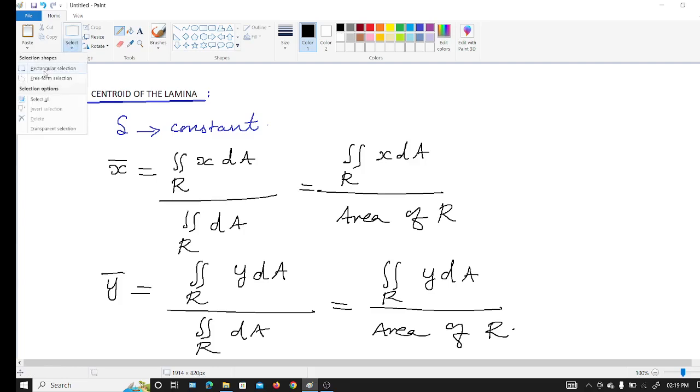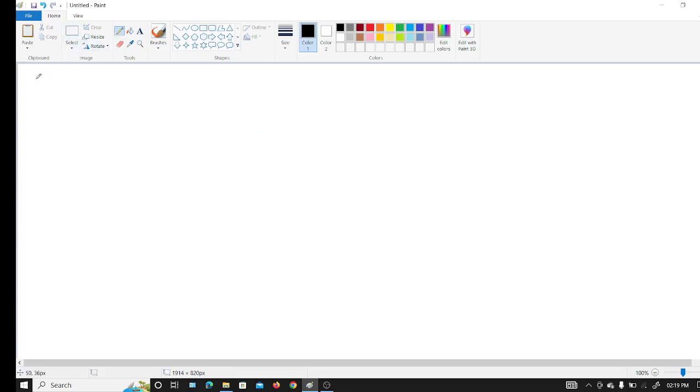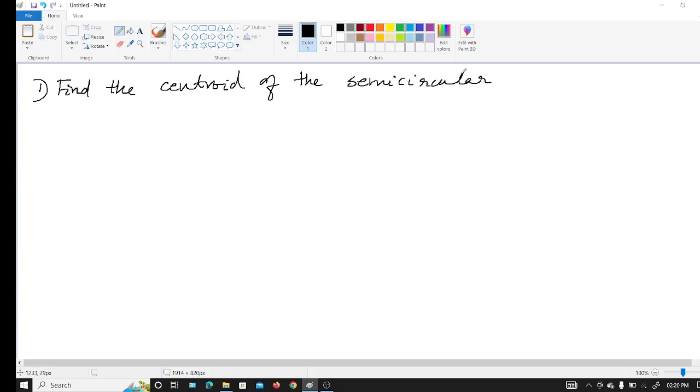So the first question is, find the centroid of the semicircular region shown in figure. The figure is like this.